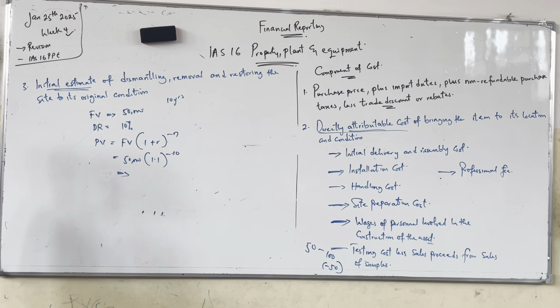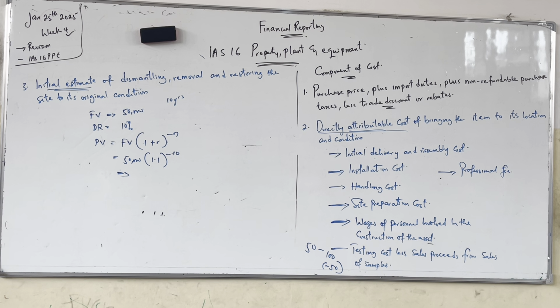How much? Okay, maybe you don't know how to do it. Okay, 19,277. That's 1.1 raised to power minus 10.